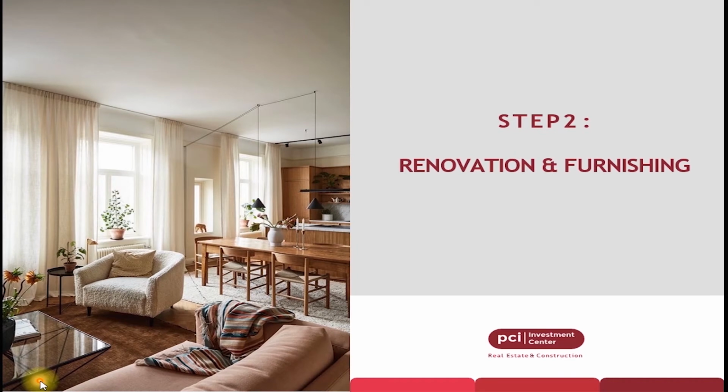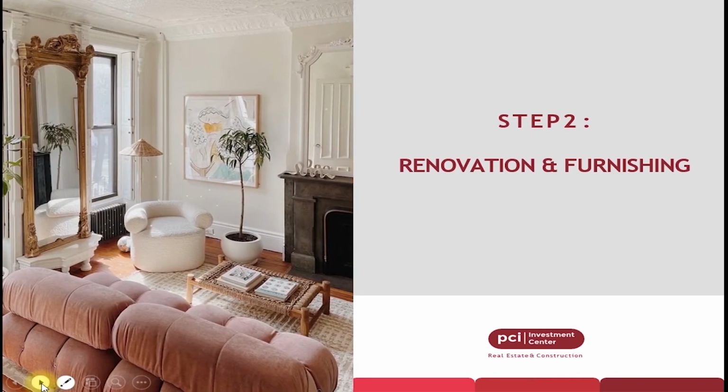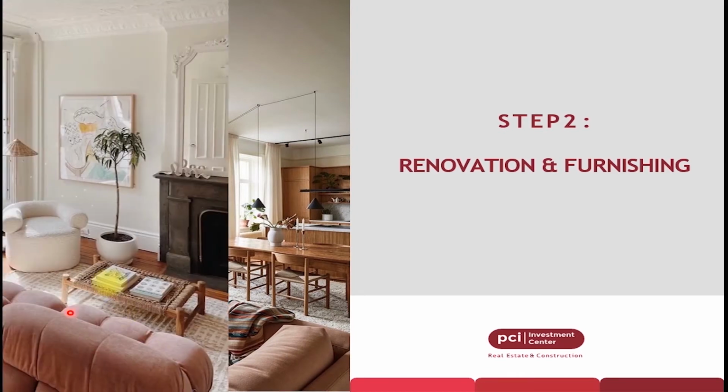In step 2, once you purchase this apartment, we do the renovation and furnishing. You can see we converted that simple apartment to a luxury apartment. For doing this, we will invest approximately $20,000. It looks good, right? Now we have a luxury apartment.